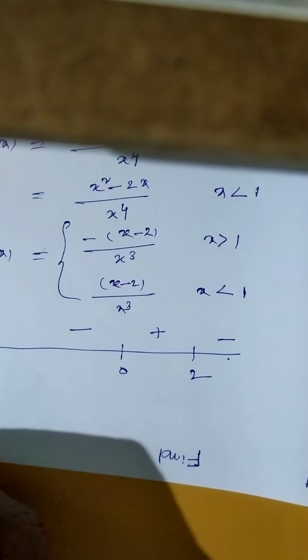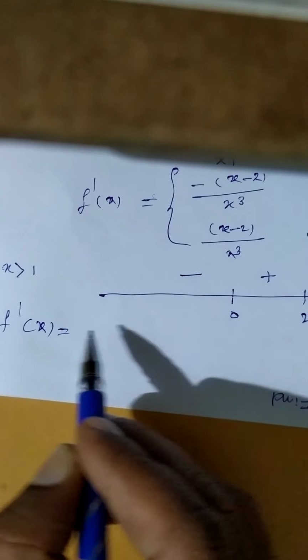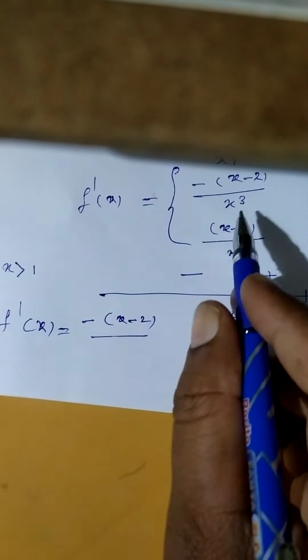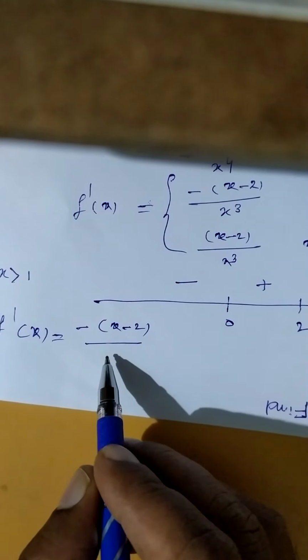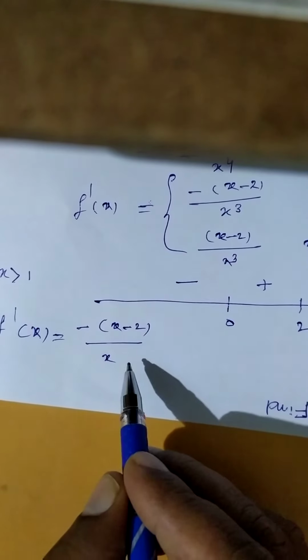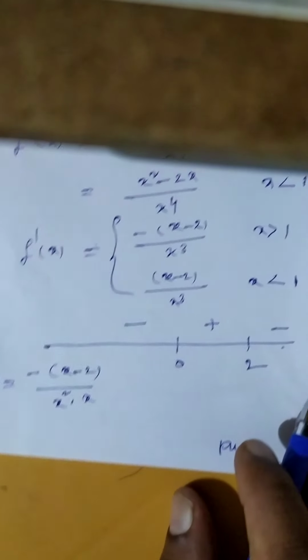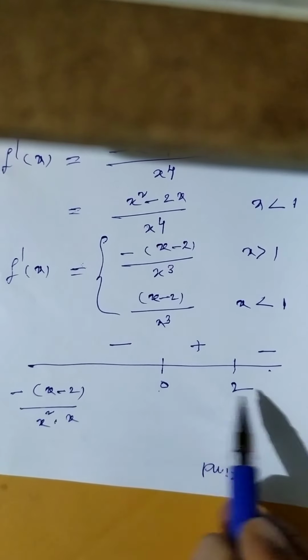This happens because f dash of x is defined as minus of x minus 2 by x cube. When we are finding zeros, we get x square into x; equating to 0, we get 0 and 2.